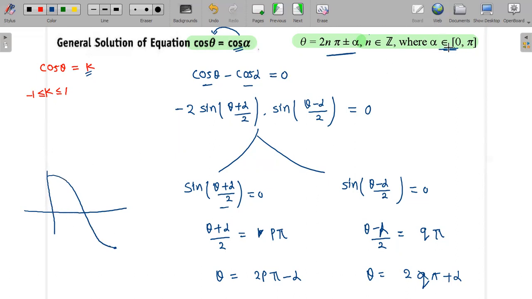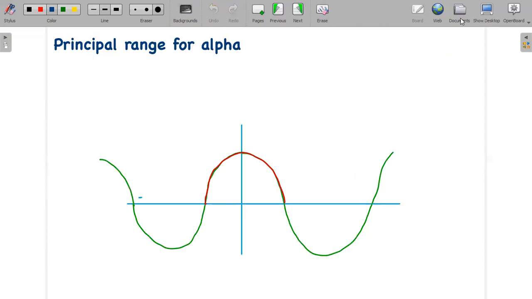So that is your principal value branch. This time we will not be entertaining negative pi by 2 to pi by 2. Otherwise we will not get any negative response. Say if cosine theta equals negative 1 by 2 and we are searching for the general solution, then that range is not sufficient to give your desired solution.